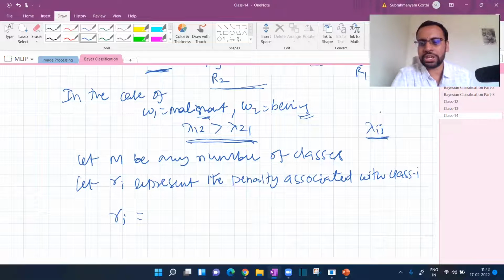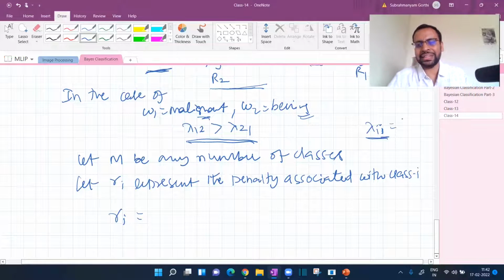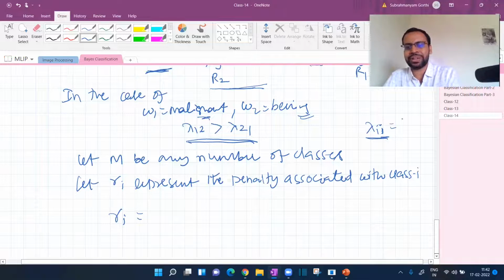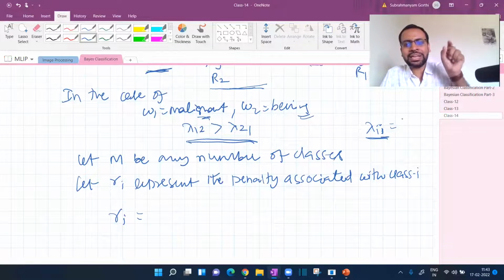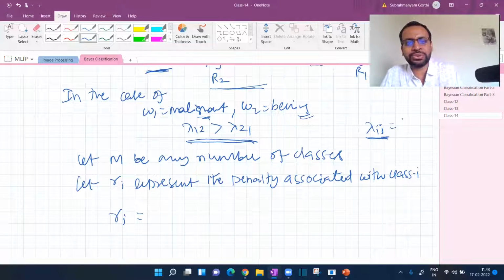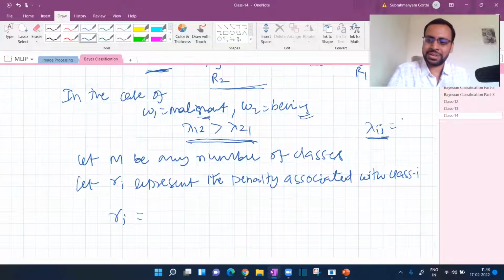So with the same definition, what should be delta ii for any value of i? Delta ii is the penalty associated with assigning a feature vector that belongs to class i to class i. So how much penalty should you give for such a classification? 1 minus delta ij. Very good.